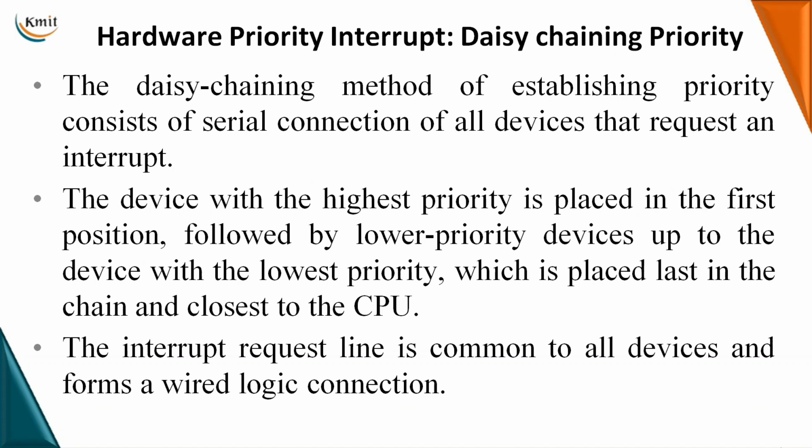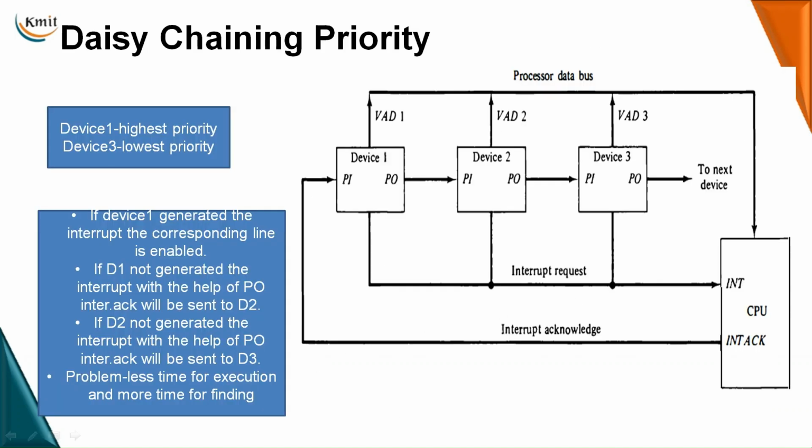The daisy chaining method of establishing the priority consists of several connections of all the devices that request an interrupt. If you look at the daisy chaining priority method, we have multiple input output peripheral devices connected to the CPU in the system, and each device is placed in order according to priority.